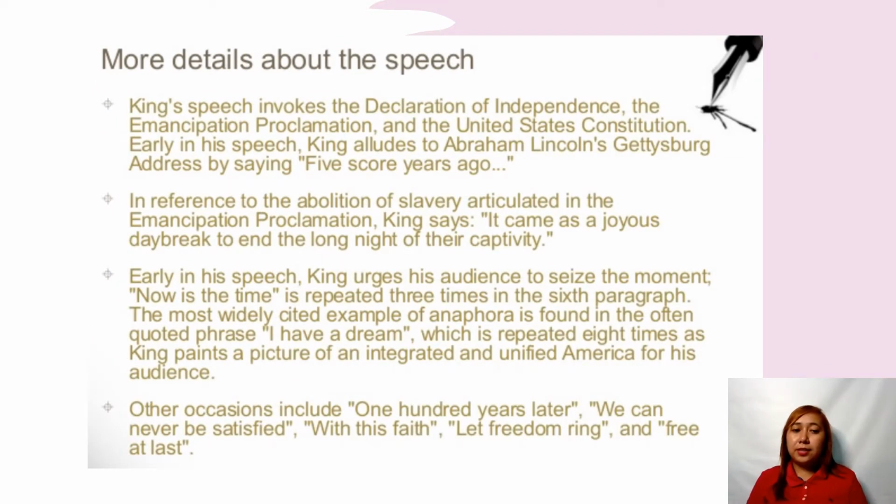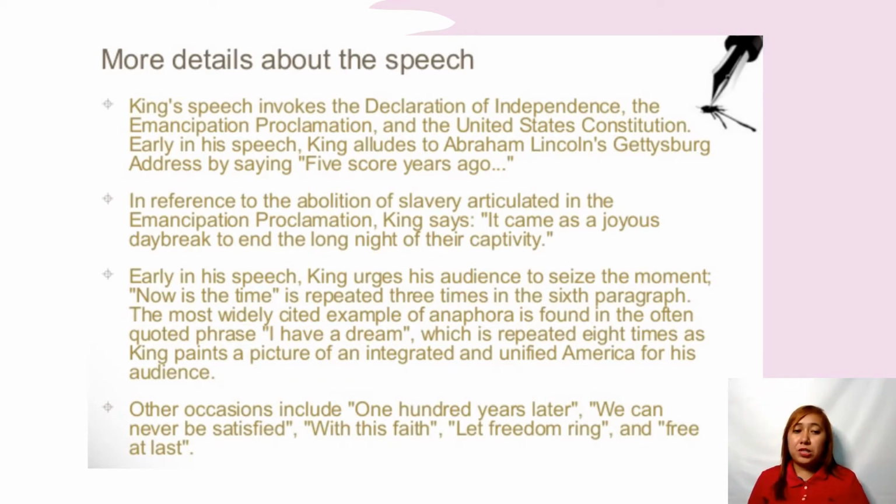Let's have more details about the speech of Martin Luther King. Here, King's speech invokes the Declaration of Independence, the Emancipation Proclamation, and the United States Constitution. Early in his speech, King alludes to Abraham Lincoln's Gettysburg Address by saying, "Five score years ago."